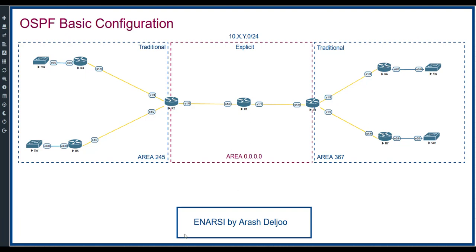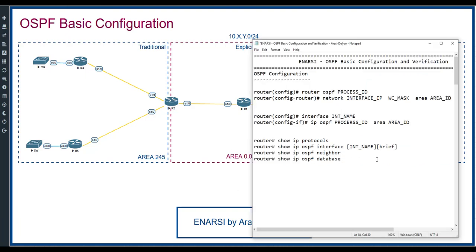Okay, and finally, you know that we need to verify the routing table. The routing table can be seen with show IP route. You have learned about show IP route, but if you want to see only the OSPF routes, you can use show IP route OSPF. Don't forget that in OSPF we have many codes. For example, O means intra-area routes, the routes that are residing in our area.